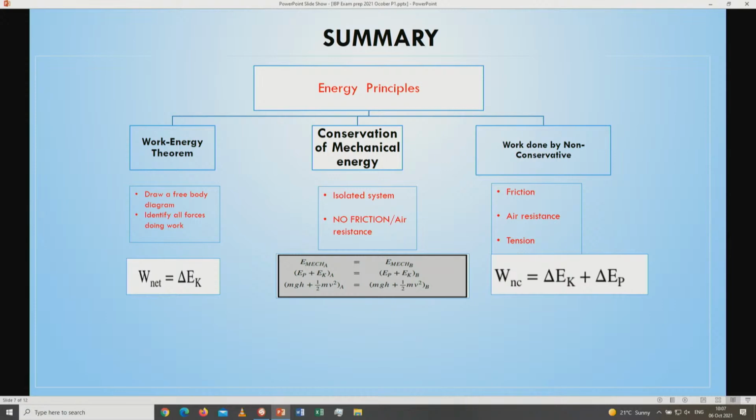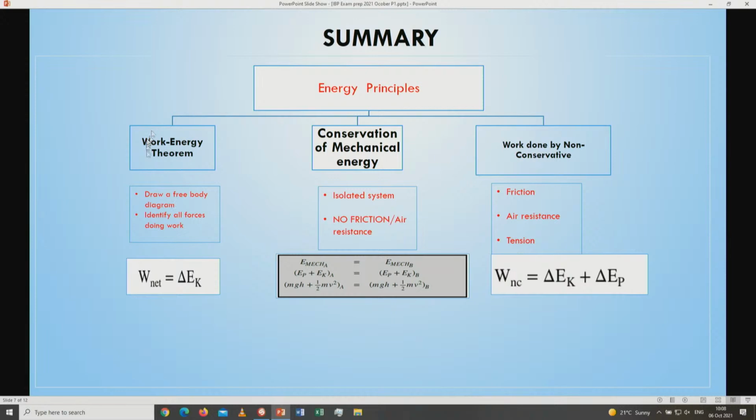It assists us in getting to the correct answer. Here I have the work energy theorem. It states that the total work done on an object is equal to the change in kinetic energy of the object. This one always works.